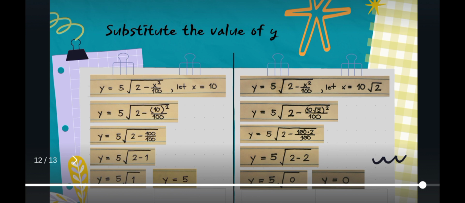Remember that we are looking for the maximum possible area. So we will disregard the value 10 square root of 2 for x because its value for y became 0. And there is no 0 at any sides of the rectangle.